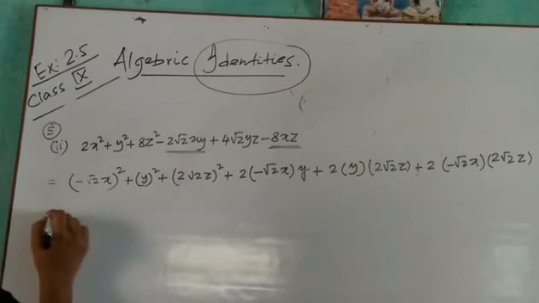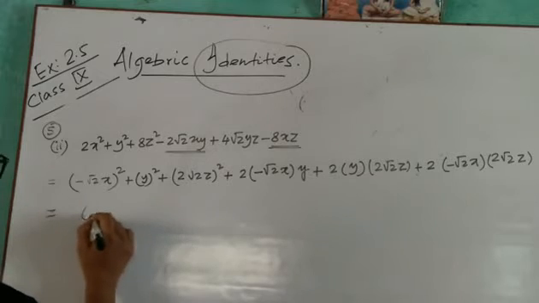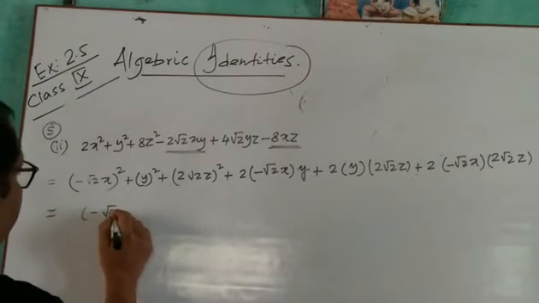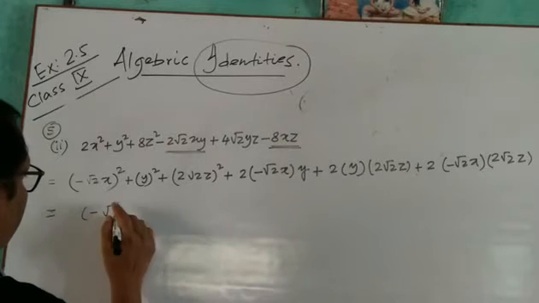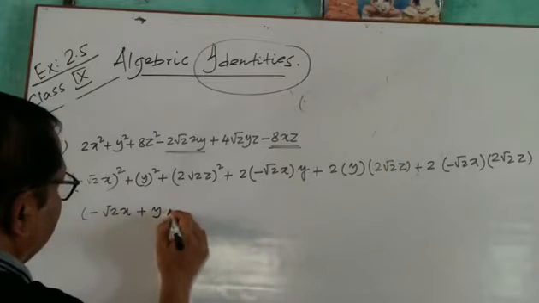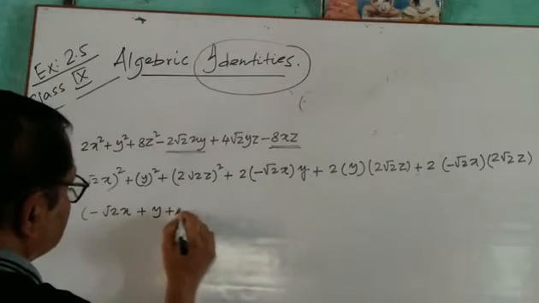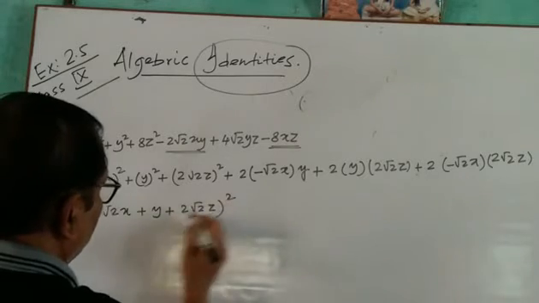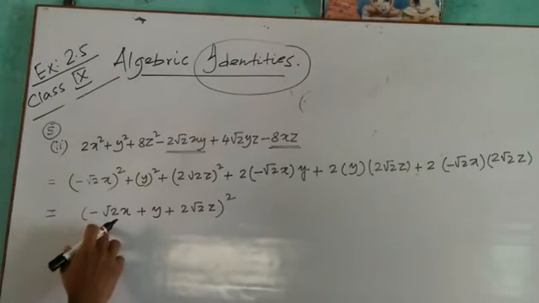So this will be the formula of a plus b plus c whole square: (-root 2 x + y + 2 root 2 z) whole square.